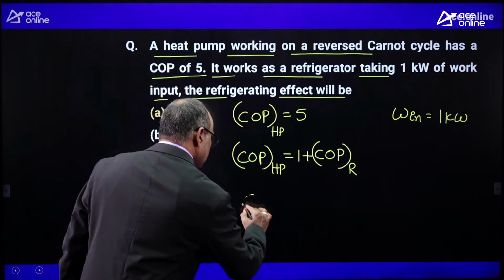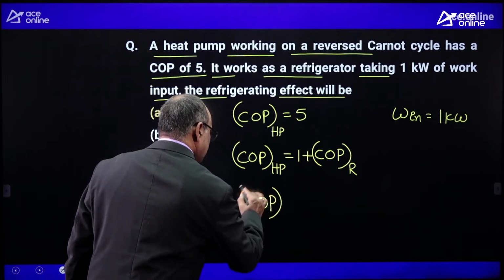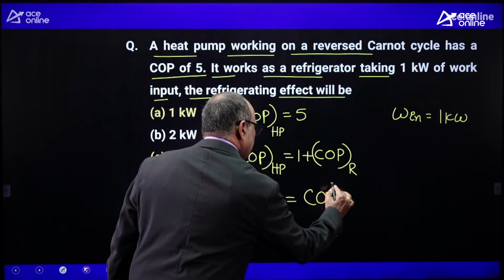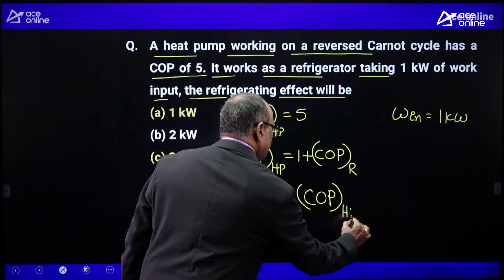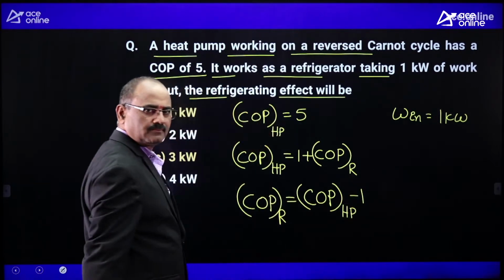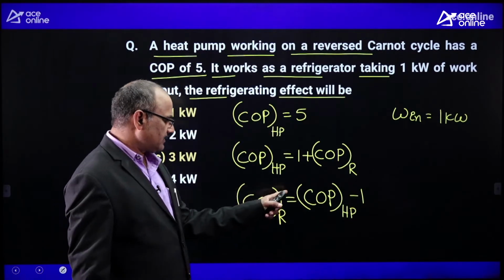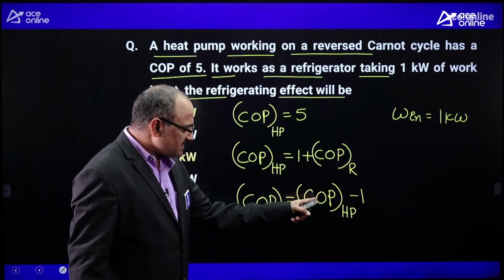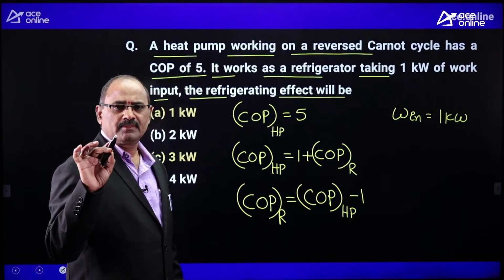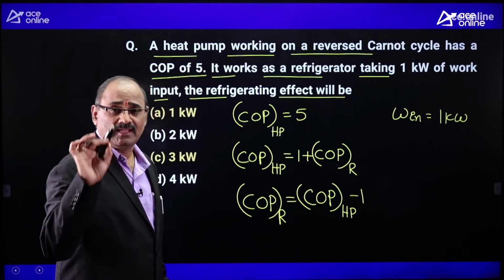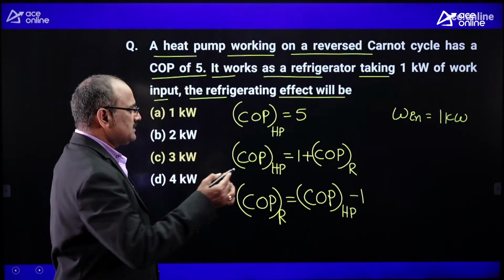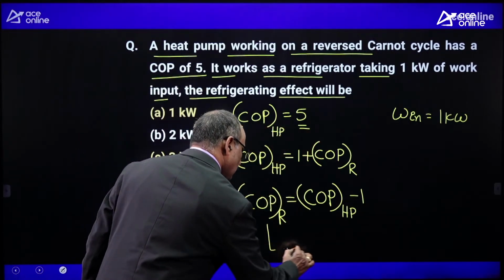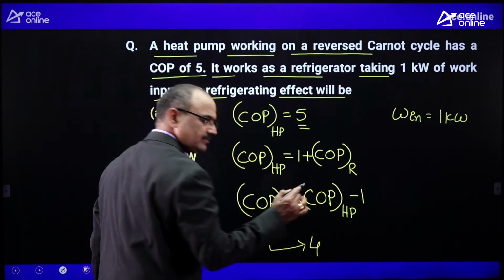From that, the COP of the refrigerator is equal to COP of the heat pump minus 1. From that, you can conclude that COP of the refrigerator always less than COP of the heat pump by unity. That means, since COP of the heat pump is 5, definitely COP of the refrigerator is 4.